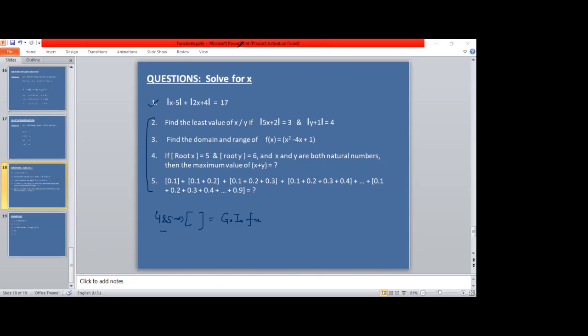So the way you can find the least value of x by y is to make one of them negative and one of them positive. So the way it could generally work is maximize x, the maximum possible positive value of x, and the negative value, minus 1 by 3. Minus 1 by 3 is the right answer, yes.